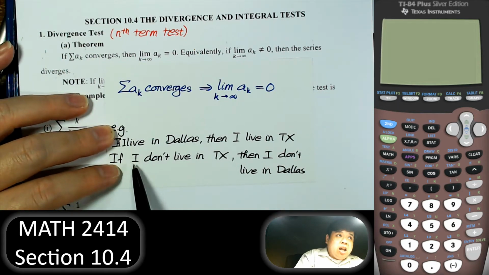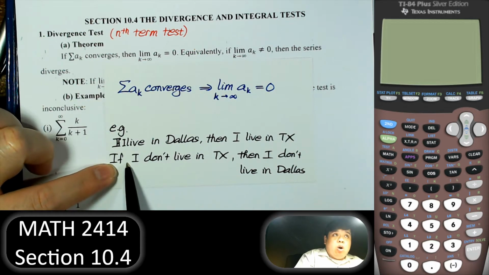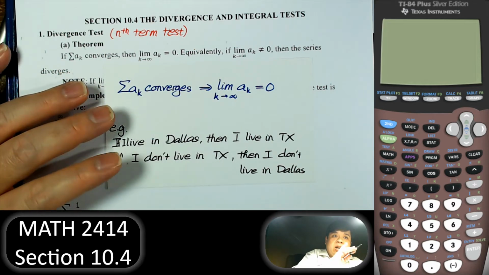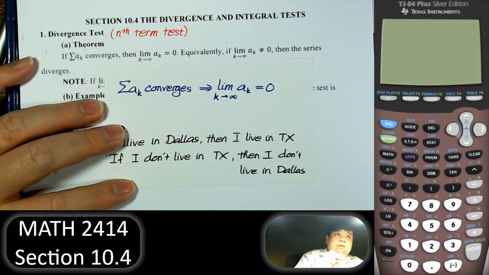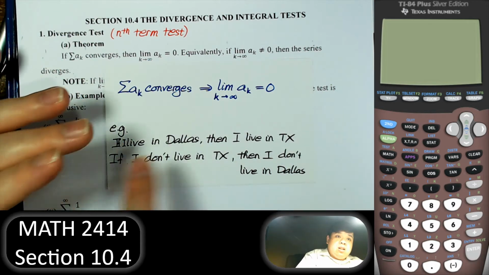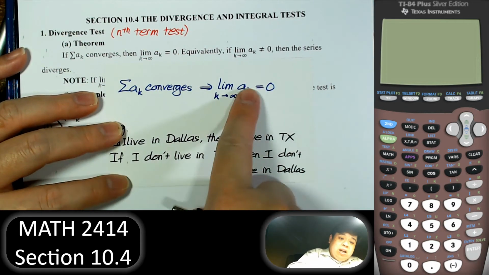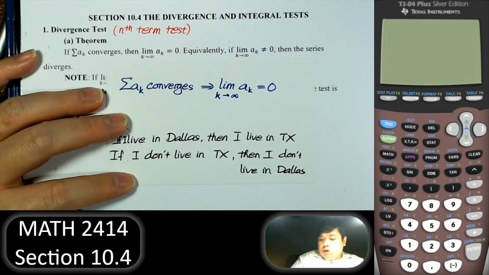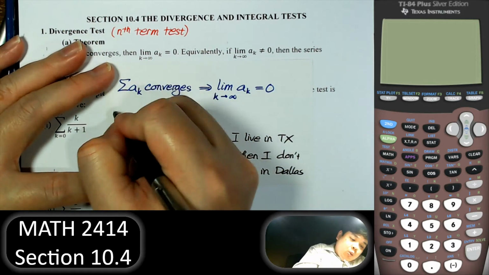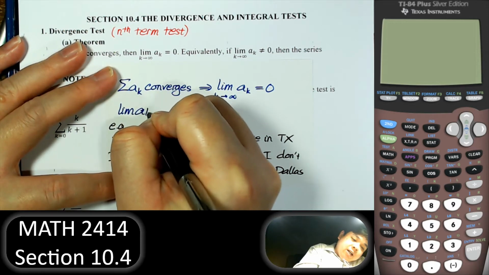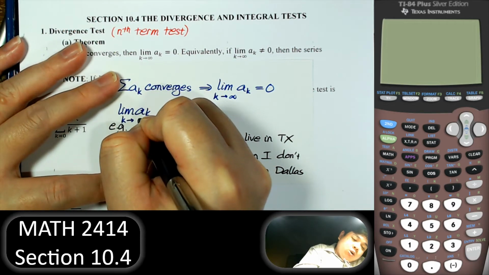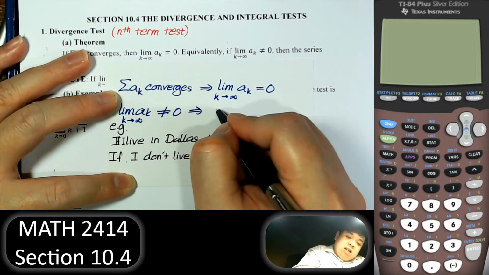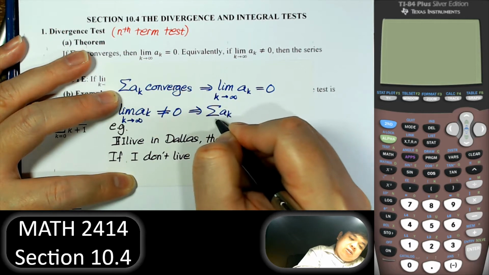This is what we call the contrapositive. If we want something equivalent to an if-then statement, we have to reverse it, write it backward, and negate both parts. So the equivalent is the contrapositive: if the limit of a_k as k goes to infinity does not equal 0, then the series diverges.